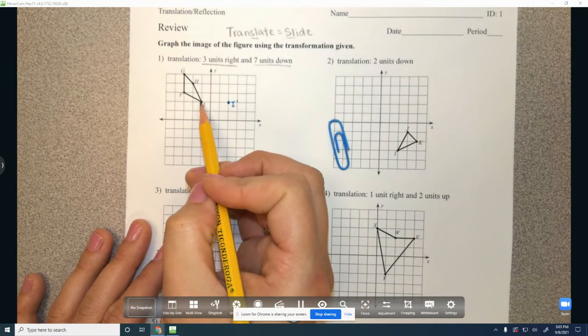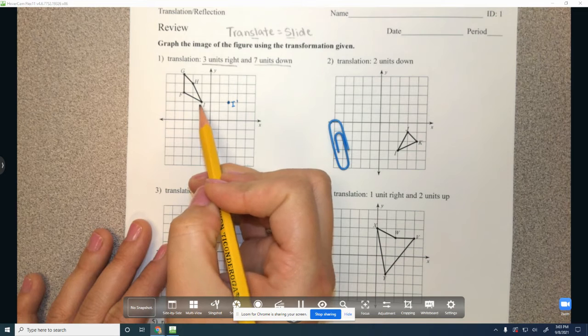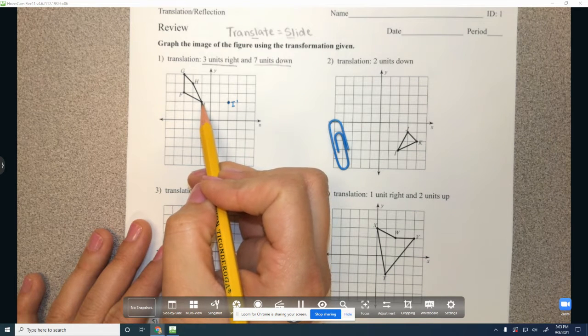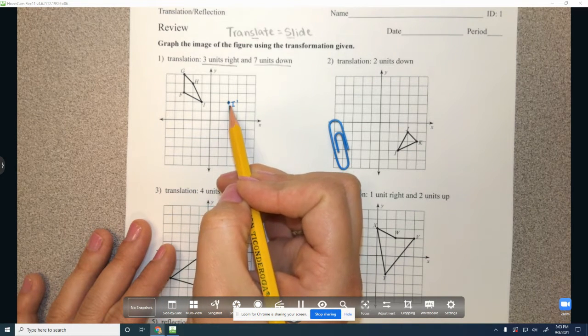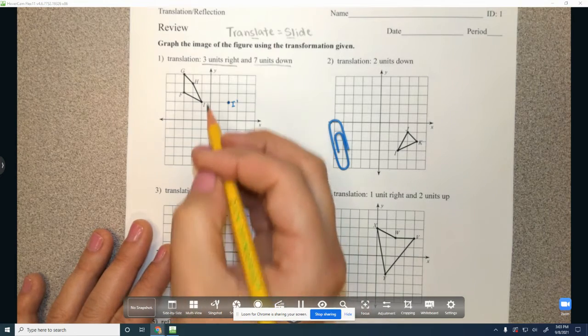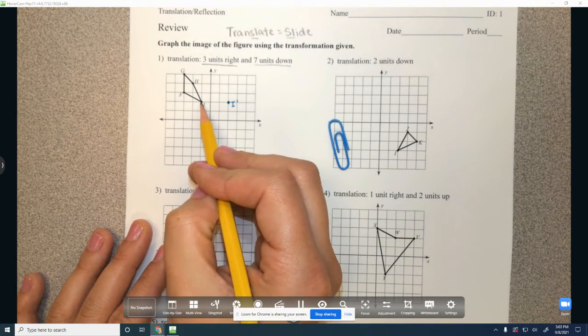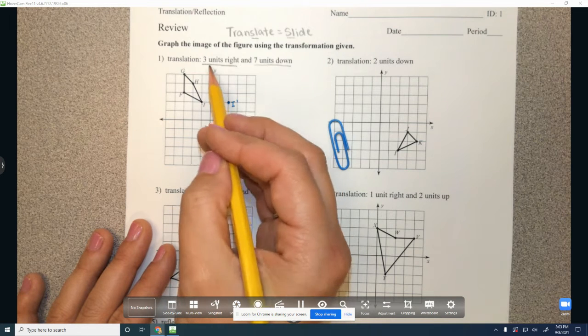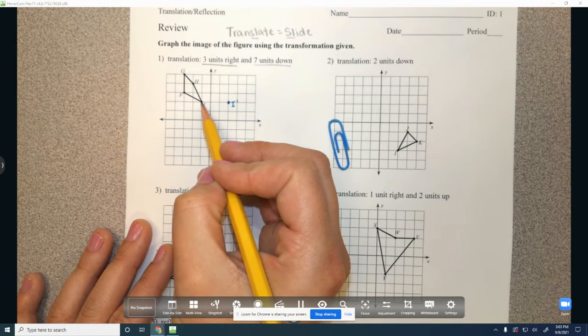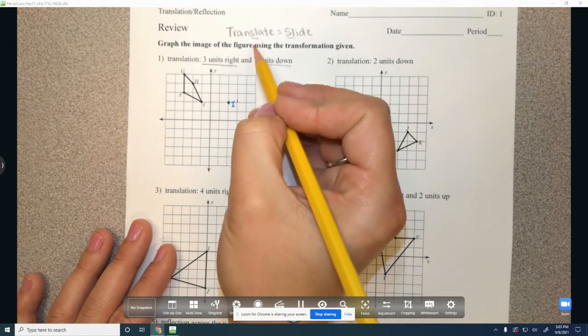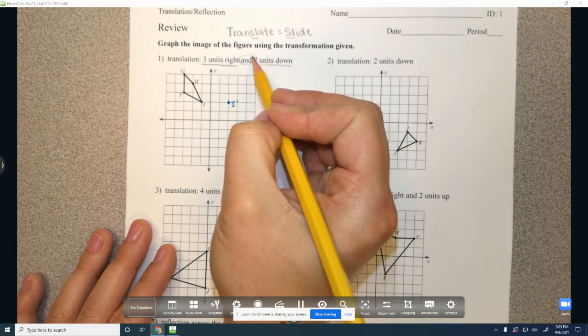And if you look, this first point was translated to the right, but not down. So let's, in pencil, so I can erase it, do this first image here. So I'm going to move the first point, this I, 3 units to the right and 7 units down.